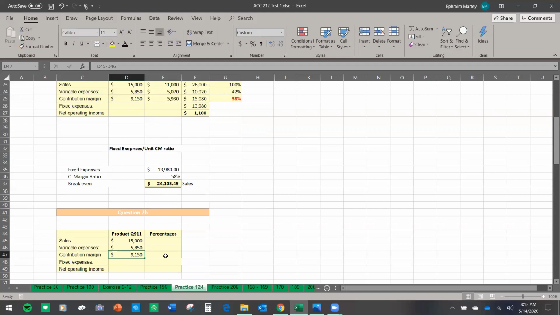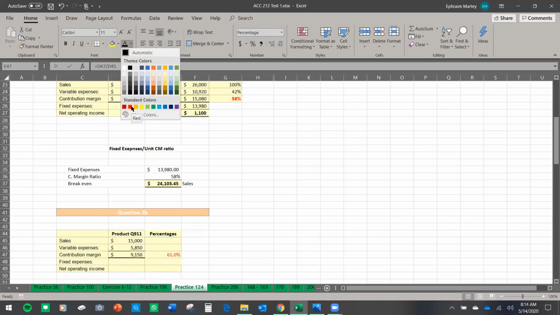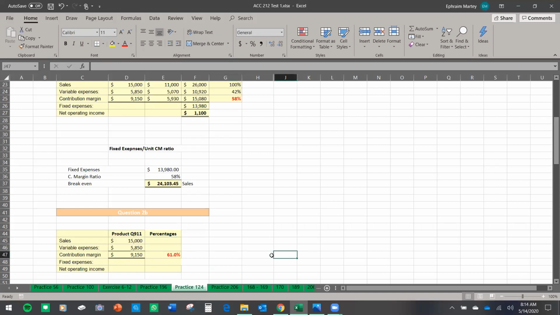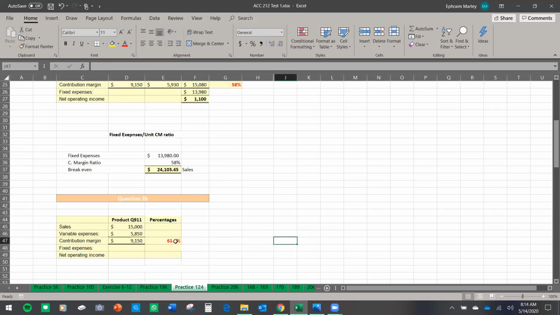We only need our contribution margin ratio. So we take this divided by that, and that is 61%. You can do those two, but the only thing we need here is our contribution margin ratio, which is the 61%. That's what we need to find our break-even point.